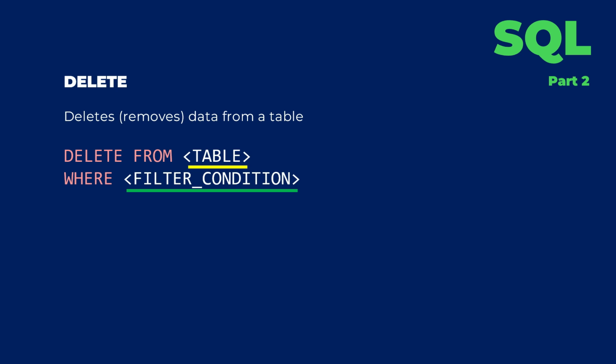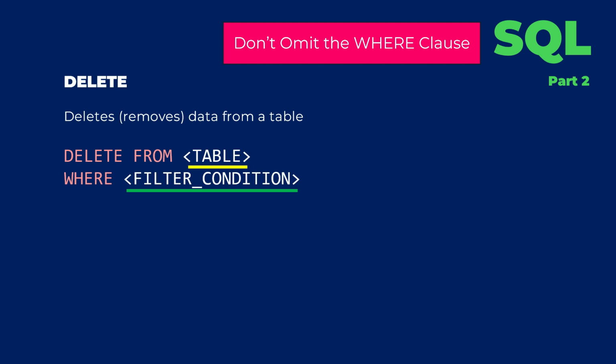Delete deletes entire rows, not columns. Therefore, again, like update, special care must be exercised when using delete because you can easily make a mistake and delete every row from your table when it was not desired. Also, delete removes data from a table, not the table itself.